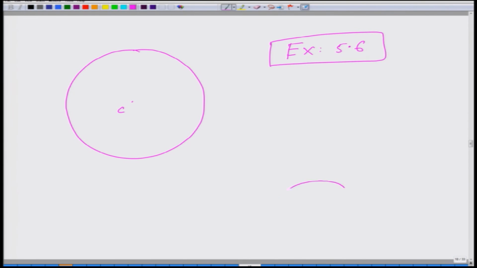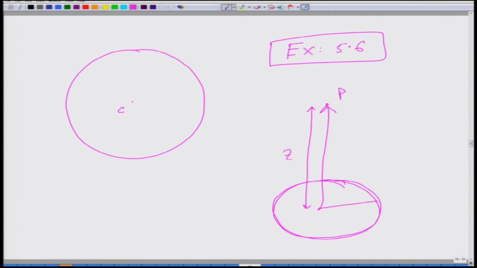We found out the magnetic field at a point, say P, at height z above the center of the circular loop. How we did that? We took a line element here, say dl prime, and we found the component of magnetic field along the z direction.